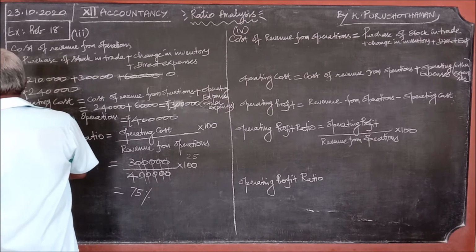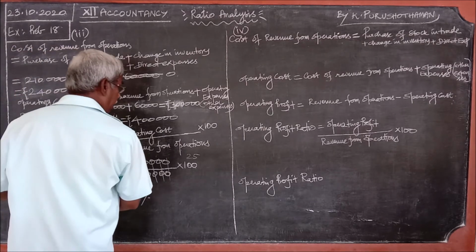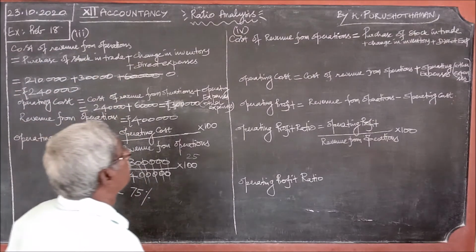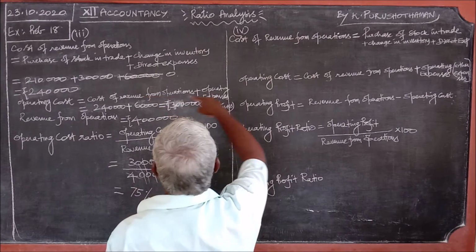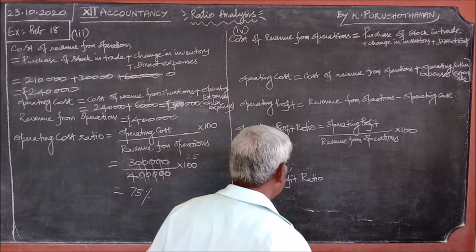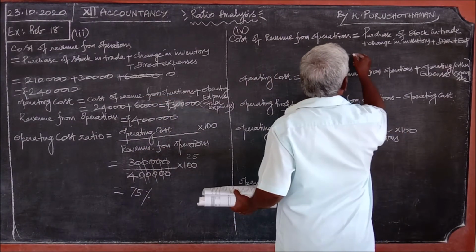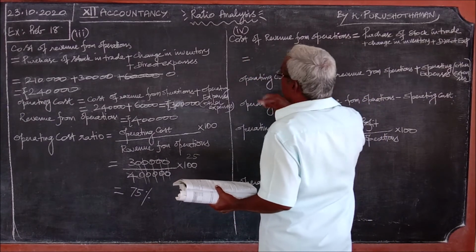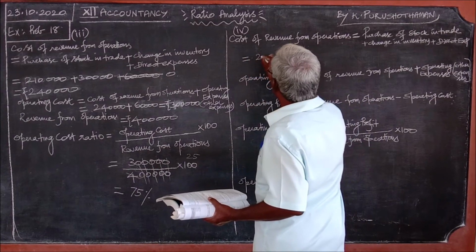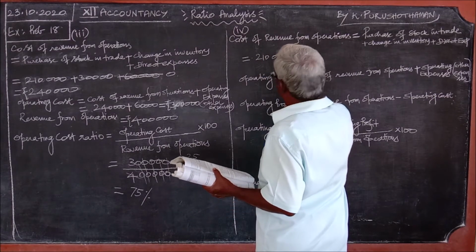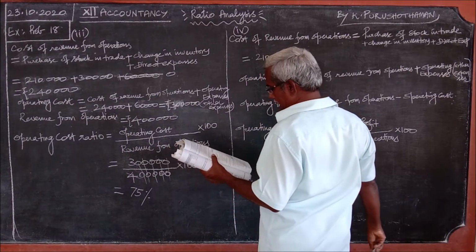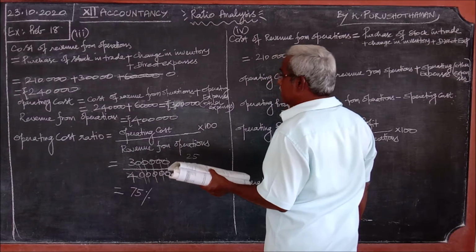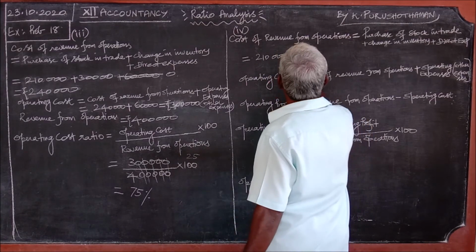Then what about the operating profit ratio? The same thing here, we should follow the same here. What is given? This is equal to purchase of stock in trade 2,10,000. It is given in the problem. And changes in inventory is 30,000.